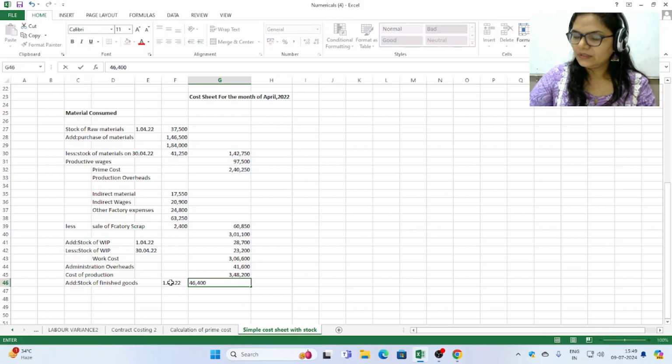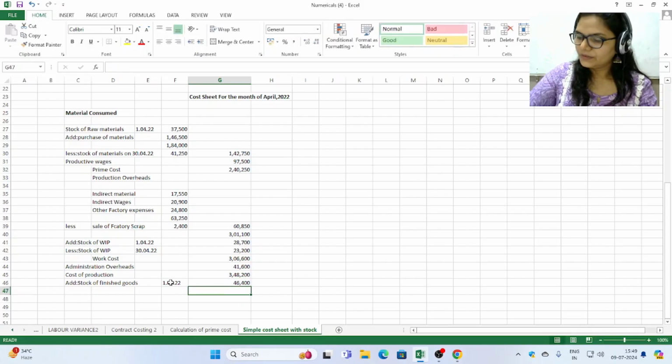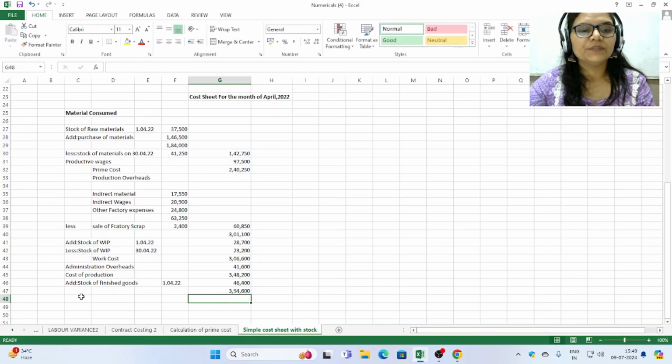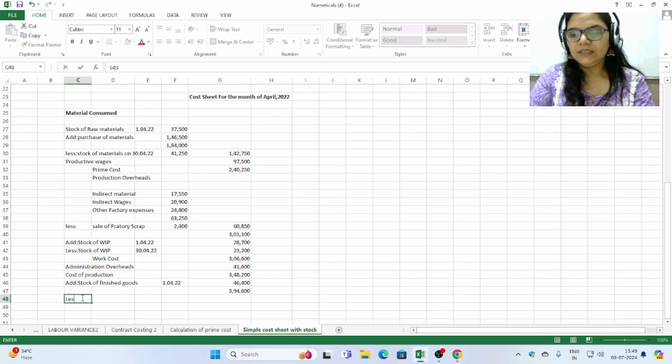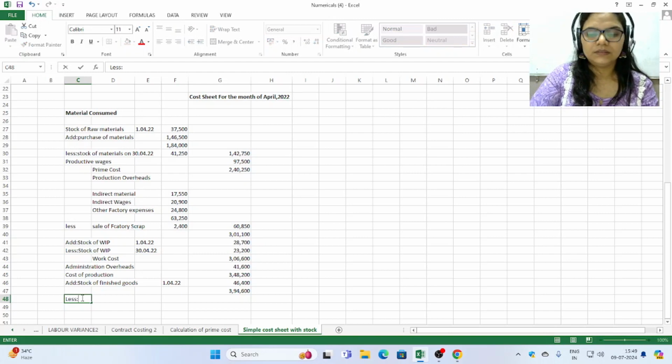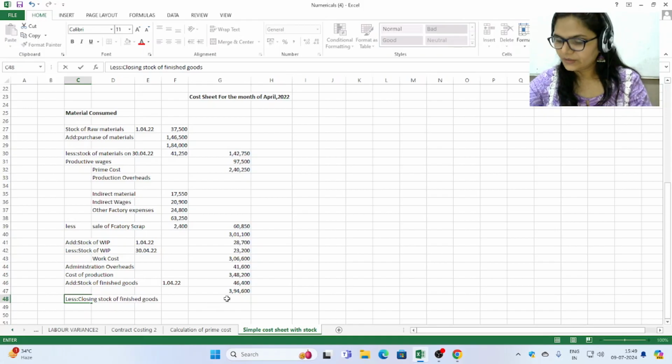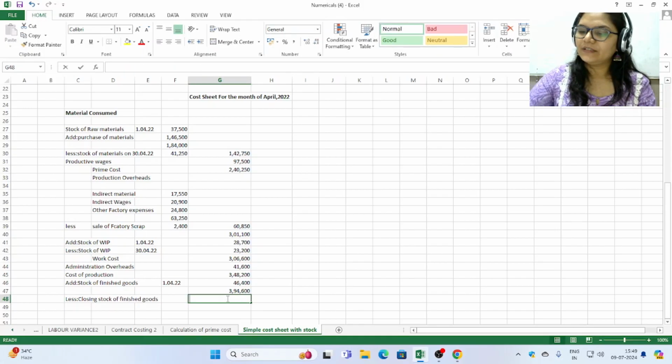Adding $46,400, we will get the value of 3,94,600. From this we will deduct, less closing stock of finished goods, 53,200.